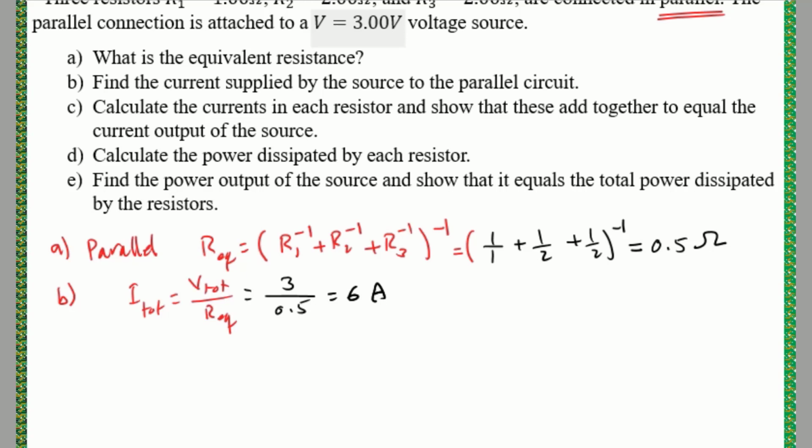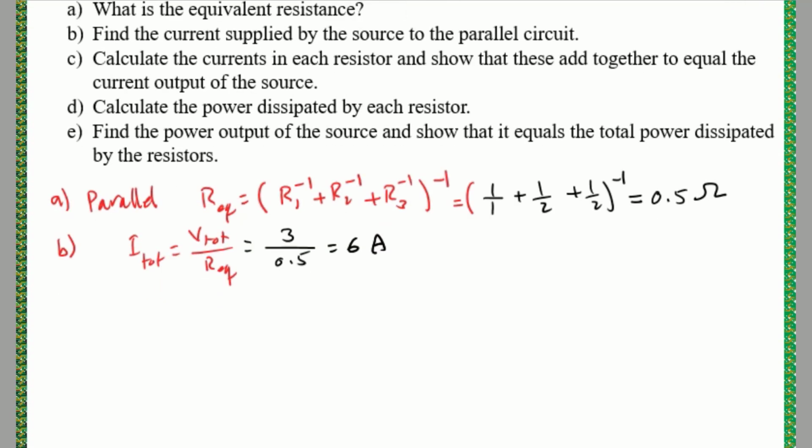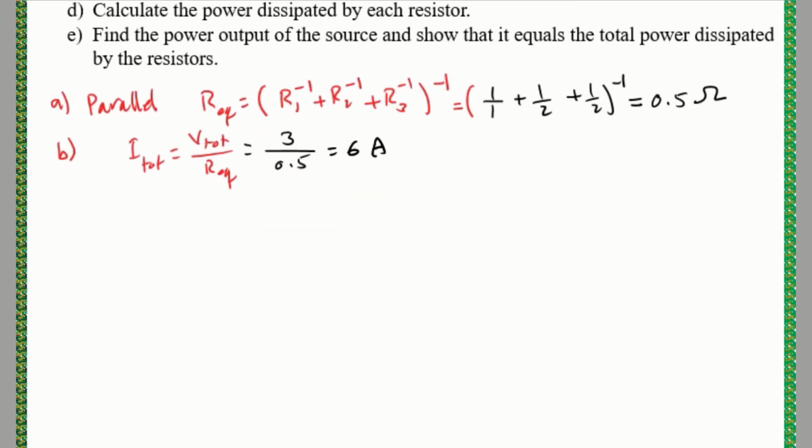Calculate the current in each resistor and show that these add together to equal the current output of the source. Now, for the parallel, we have this fact: V1 equals V2 equals V3 equals the voltage for the combination of them, which is 3 volts.